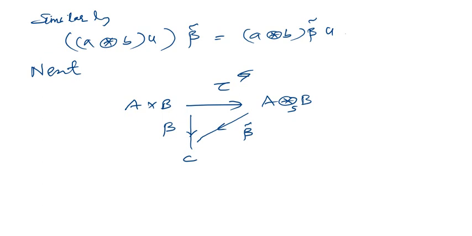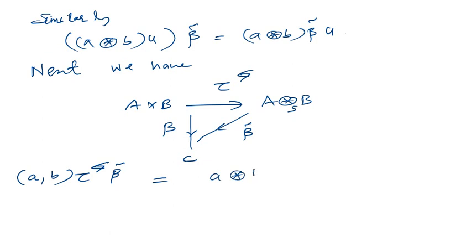So next we have this. Let's calculate this tau natural beta tilde of AB. This should be equal to AB of beta. First you apply tau natural: tau natural of AB is A tensor B. Then beta tilde of A tensor B is equal to AB of beta.